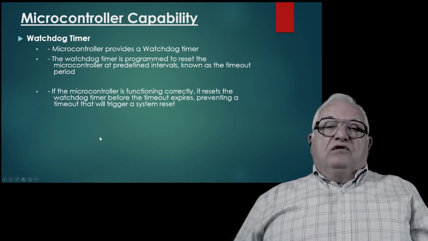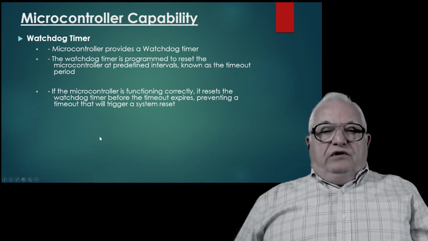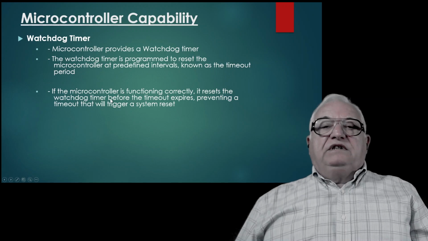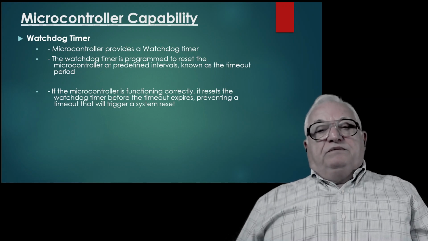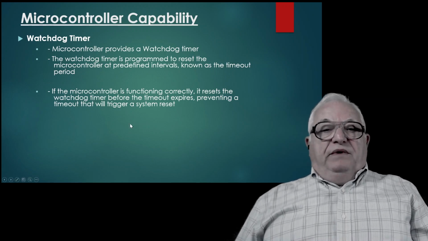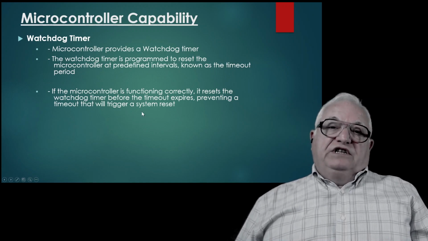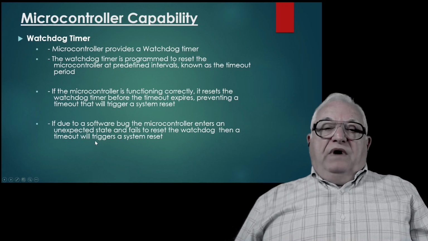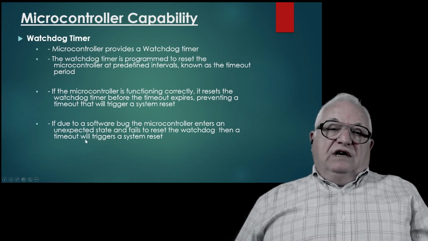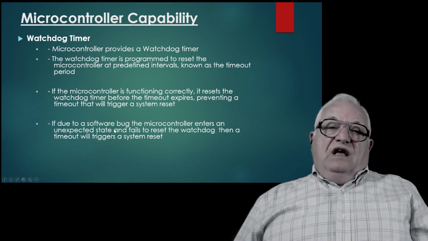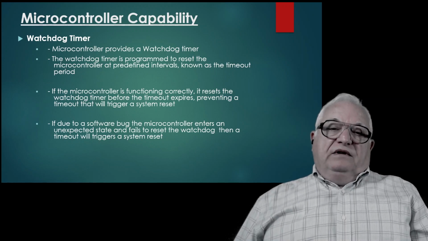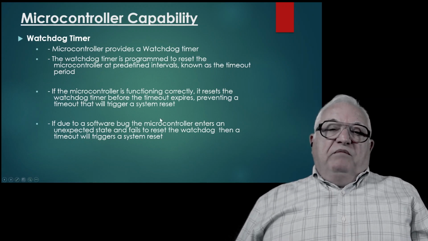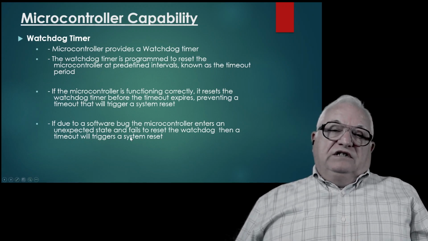If the microcontroller is functioning correctly, it resets the Watchdog Timer before the timeout expires, and that prevents the trigger of a system reset. Now, if due to a software bug the microcontroller enters an unexpected state, for example, gets hung up and fails to reset the Watchdog Timer, then a timeout will trigger a system reset.